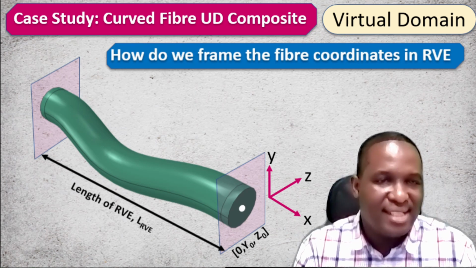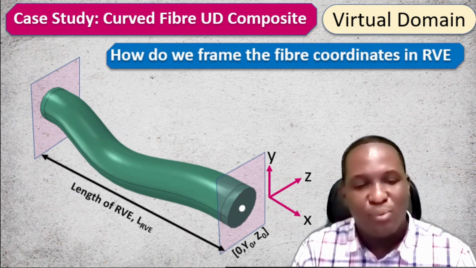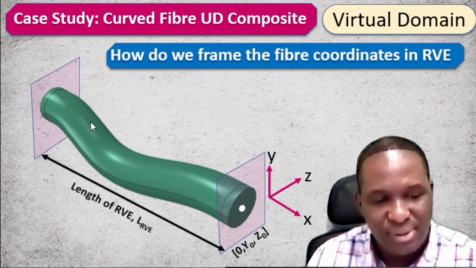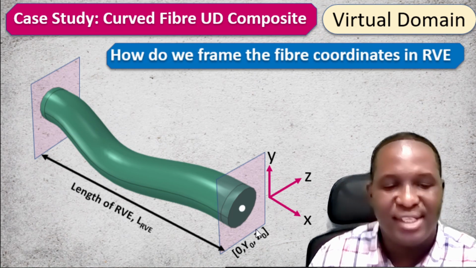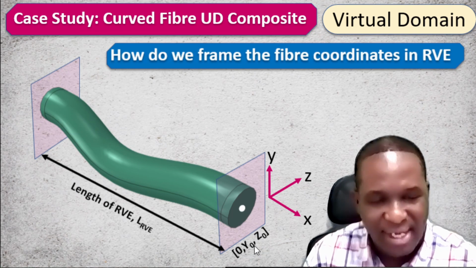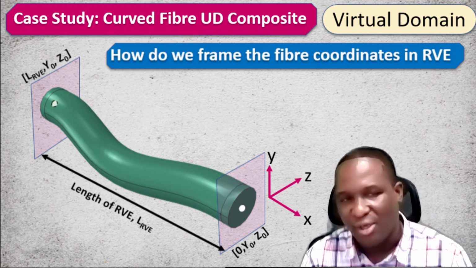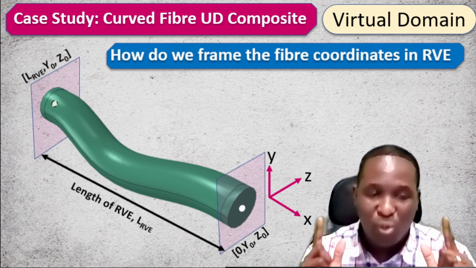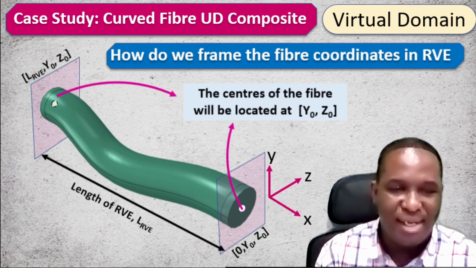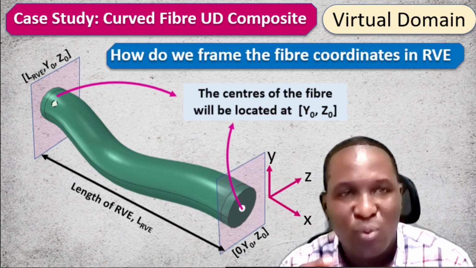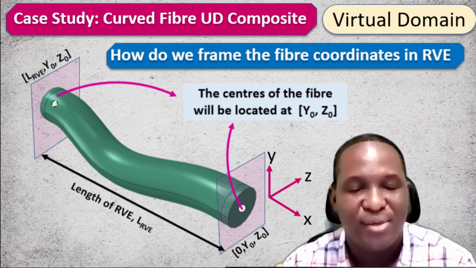So there is a center for the fiber, which again, according to the geometry that we specified and the coordinate system, will take 0, y0 and z0 being the original. And then at the other end, you have another coordinate position that looks like that. But one thing that is really important that you need to bear in mind is that the centers of these fibers will have to be located at y0 and z0.